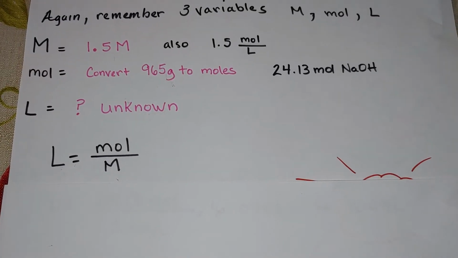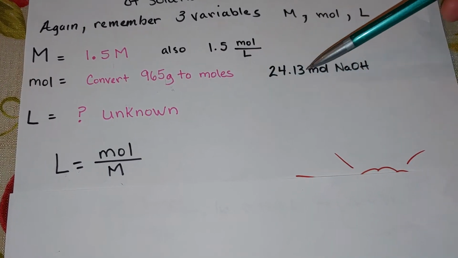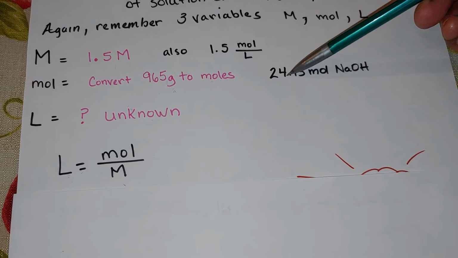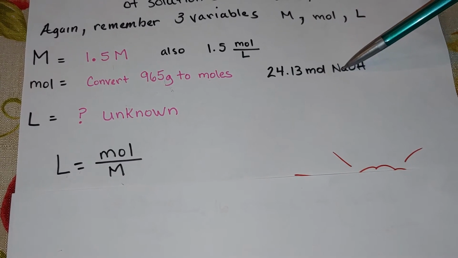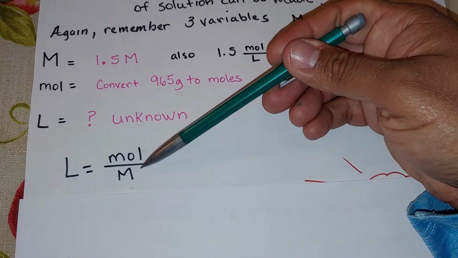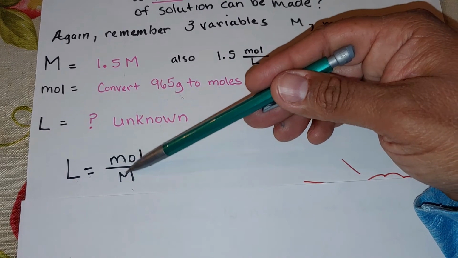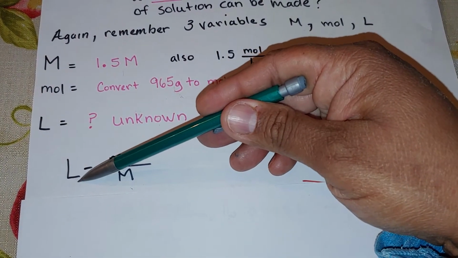This is the information that I have. I converted that 965 grams to moles. I know that it's 24.13 moles of sodium hydroxide, which is what I need to replace here. And then I've got my molarity, which I'm going to place down here. I divide the two, and that's going to give me the liters of solution.